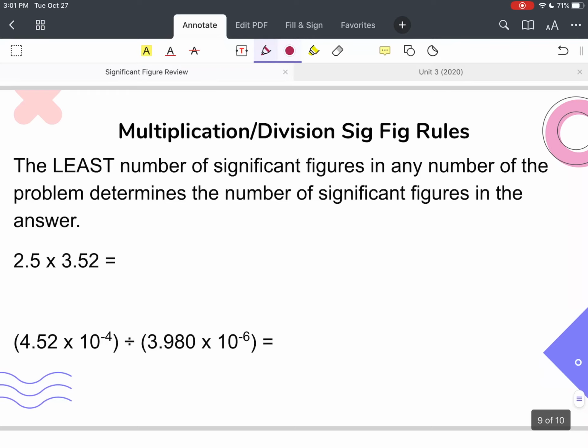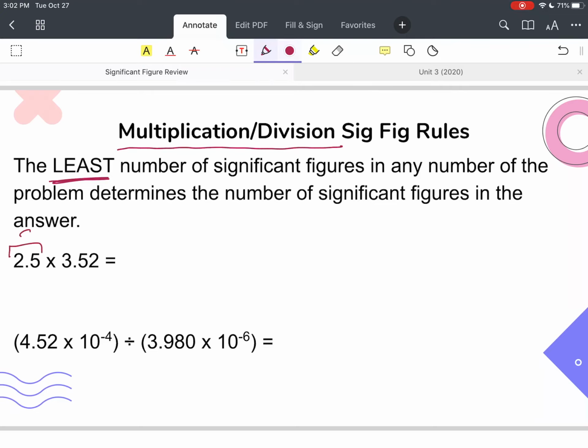The last thing that's important, especially for when we're doing all these mole calculations, is talking about what our rules are when we're multiplying and dividing. Our answer is always going to contain the least number of sig figs. So when I'm looking at my calculation, whatever numbers I'm given in the problem, not what I look up off the periodic table, whichever is the least, that is the number that I'm using.